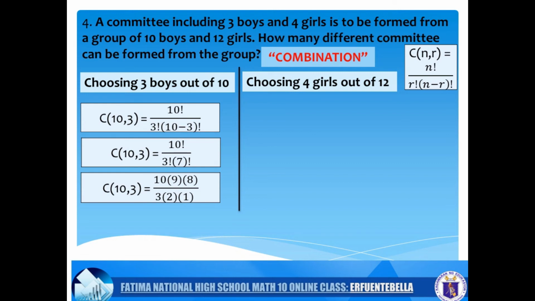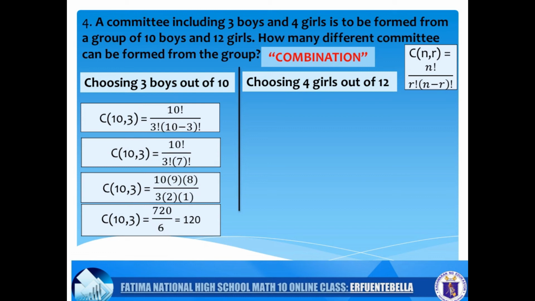So the remaining is 10 times 9 times 8 over 3 factorial, which is 3 times 2 times 1. So the product of 10 times 9 times 8 is 720, and the product of the denominator 3 times 2 times 1 is 6. Then the quotient is equal to 120.